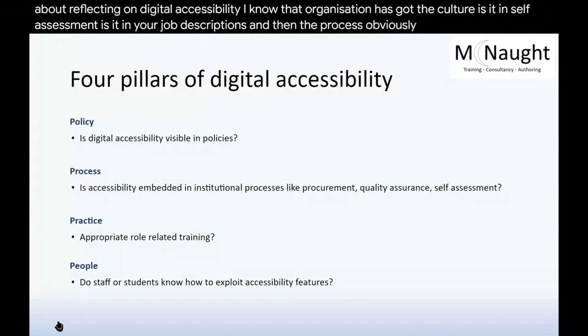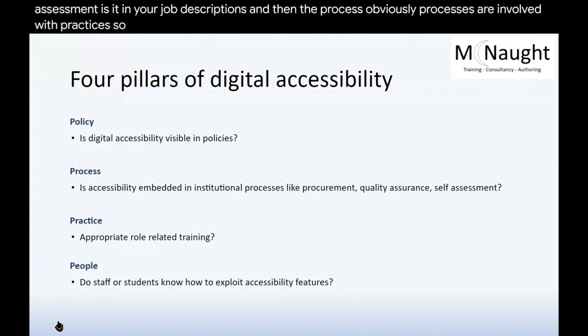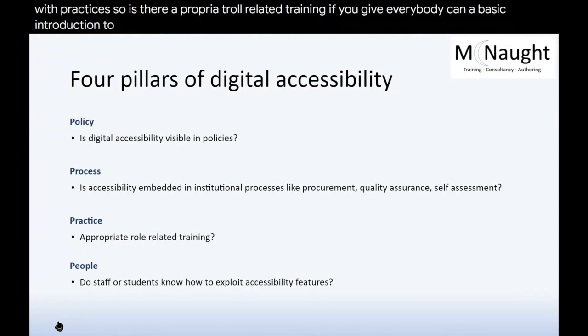And then the process, obviously processes are involved with practices. So is there appropriate role related training? If you give everybody a basic introduction to accessibility, that is not a bad starting point.